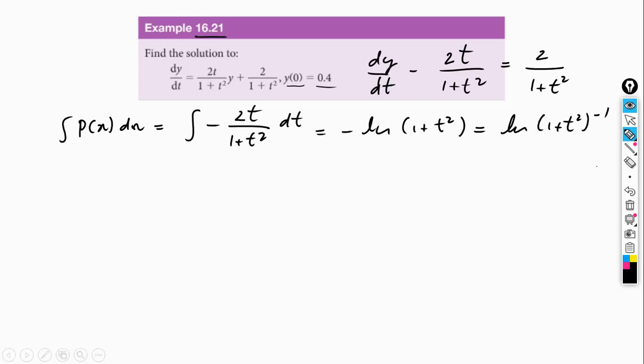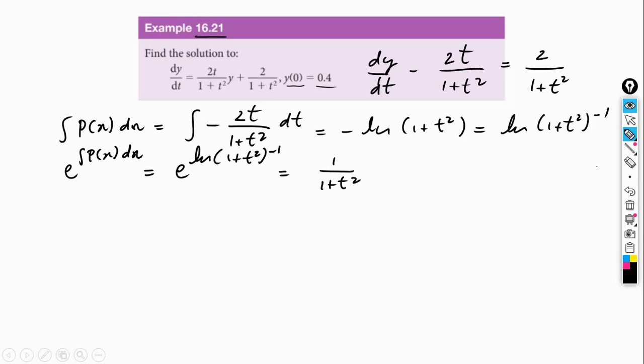So the integrating factor, which is in the form of e to the power of the integral of p of x dx, is going to be e to the power of the natural logarithm of 1 plus t squared to the negative 1, which is simply going to be 1 over 1 plus t squared.